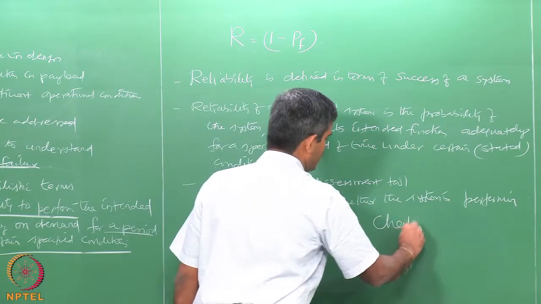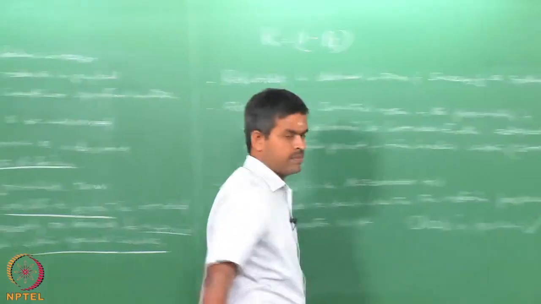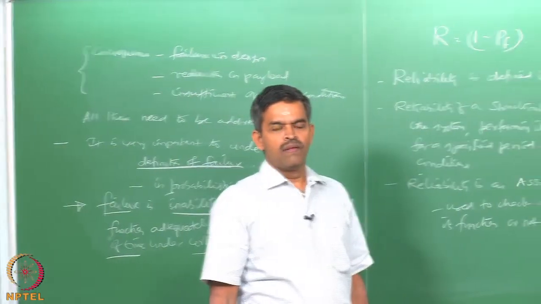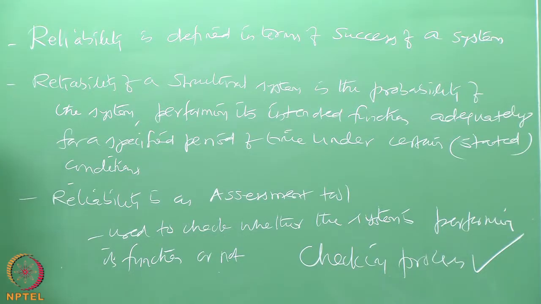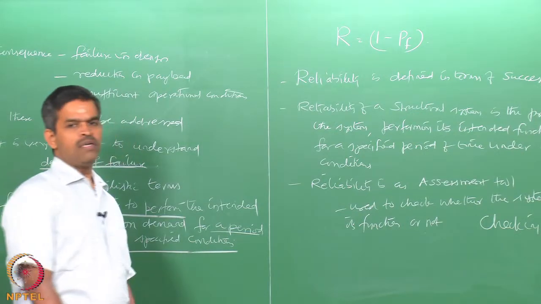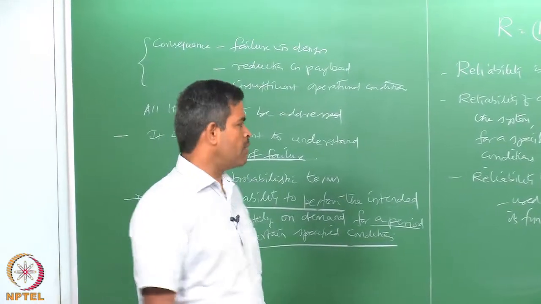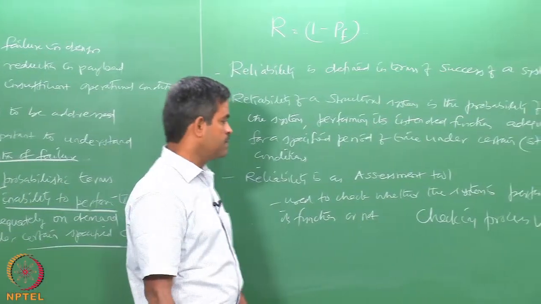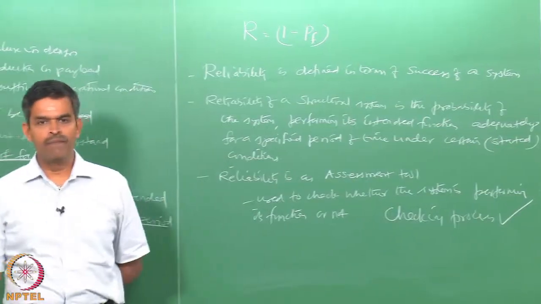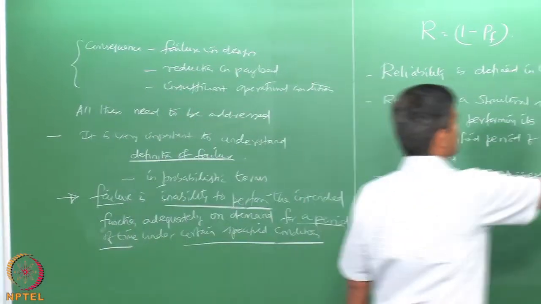So, it is a checking process. Therefore, probability of failure, which is going to give me the converse meaning of reliability, or on the other hand reliability is the converse of probability of failure, is always defined in terms of success of a system.